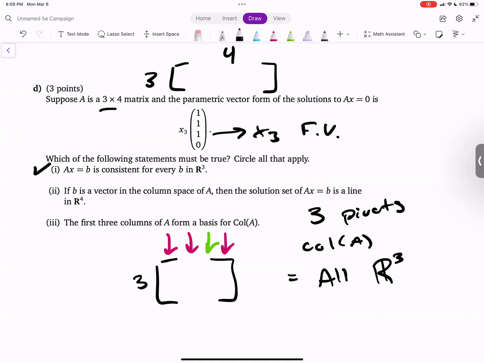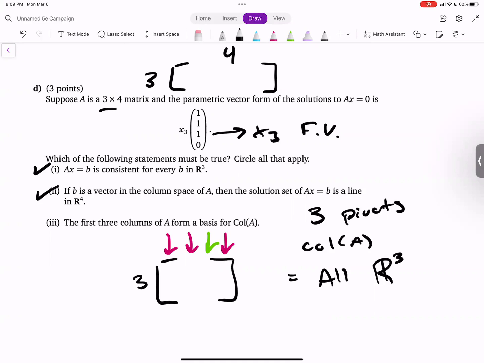Vector in the column space, the solution is a line. That is true because we have one free variable. I thought it mentioned the origin, which is not true because it'd be a shifted line. But a line is a line is a line. So this one is true.